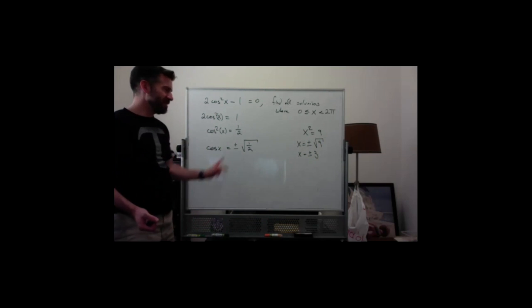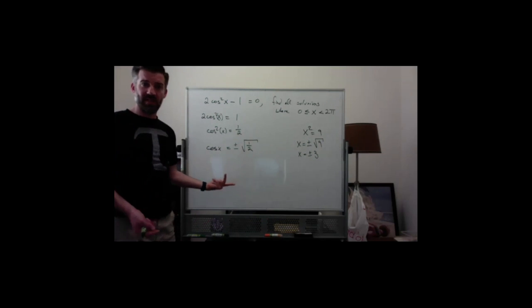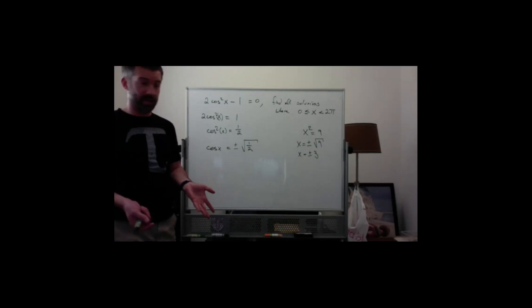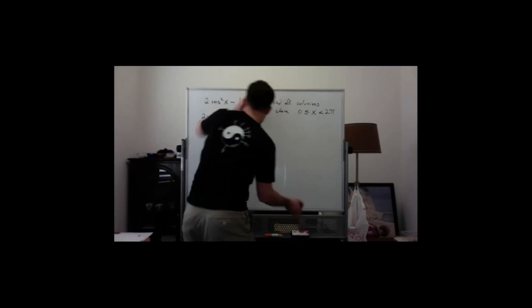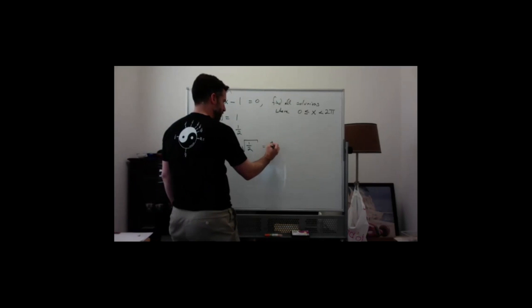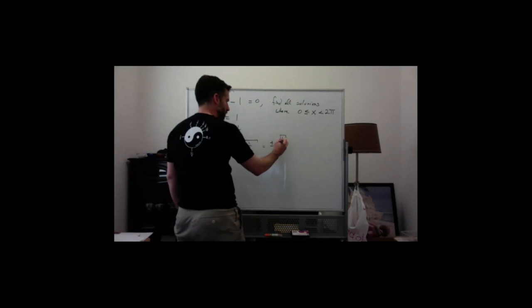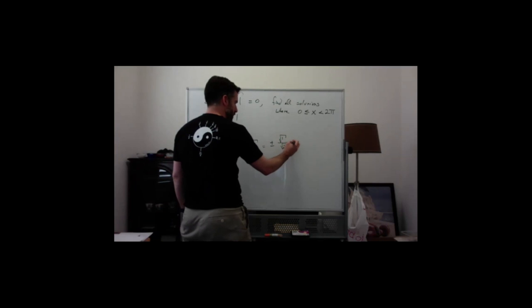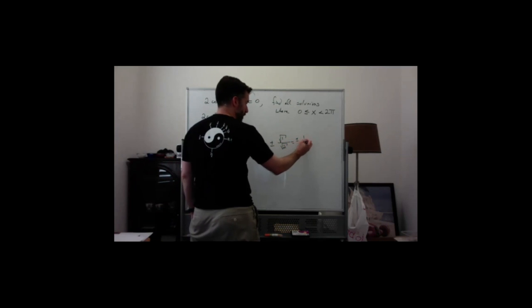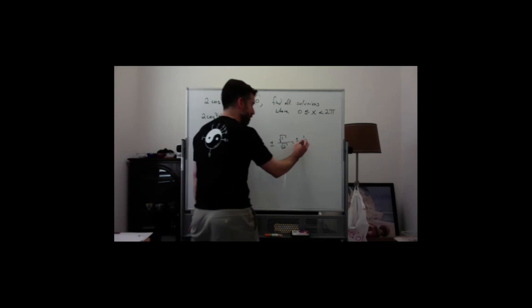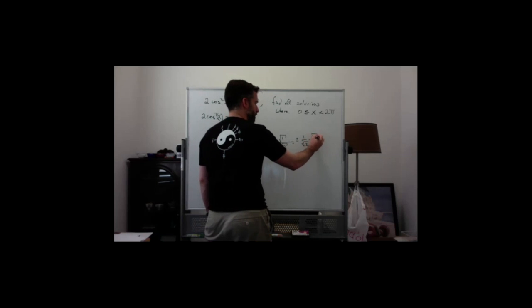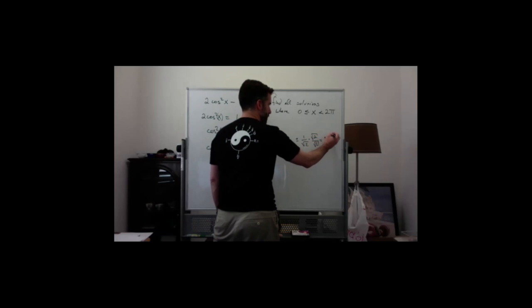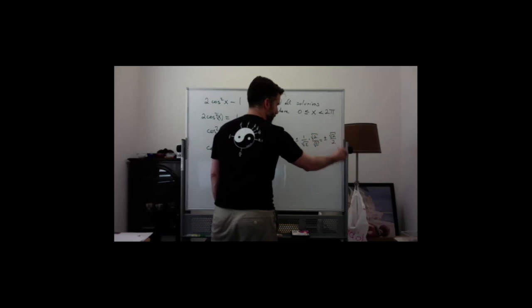Now, this might not look like a number we're used to seeing, but it actually is. We just have to rewrite it. I can rewrite this as plus or minus the square root of 1 over the square root of 2, which is plus or minus 1 over the square root of 2. Then I can rationalize this by multiplying by root 2 over root 2 to get plus or minus root 2 over 2.